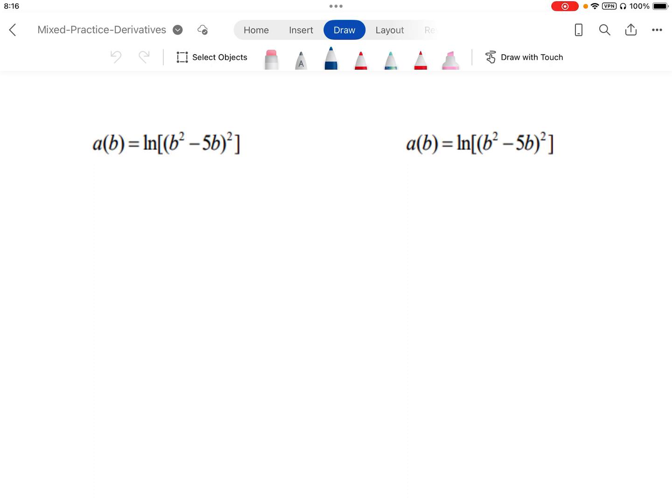So the first approach would be, hey, we've got a natural log with chain. Because my outside function here is this natural log, and then when I go to do the derivative of the inside, that's going to be a chain. So remember, derivative of a natural log, you just do 1 over whatever is inside that natural log.